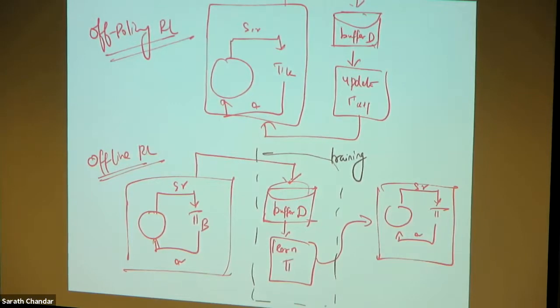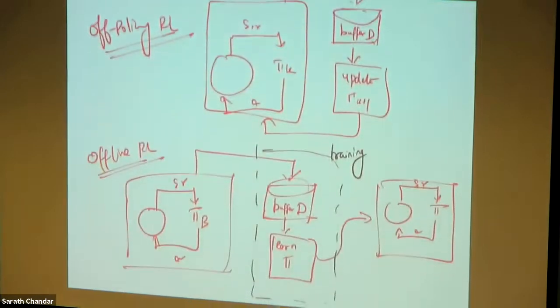Now, the first question. Why should I do something like offline RL? Yeah. It's less costly. You could train a robot, for example, in a virtual environment, and then deploy it in real life.